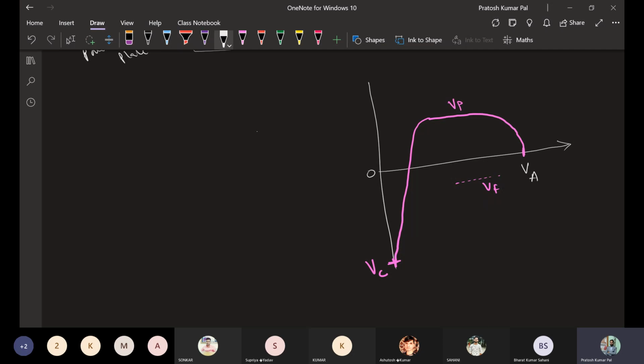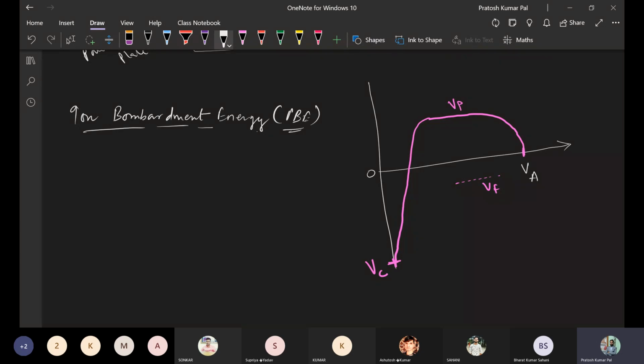Here we will see the effect of these voltages on ion bombardment energy. Basically, this ion bombardment energy is going to define the dry etching.